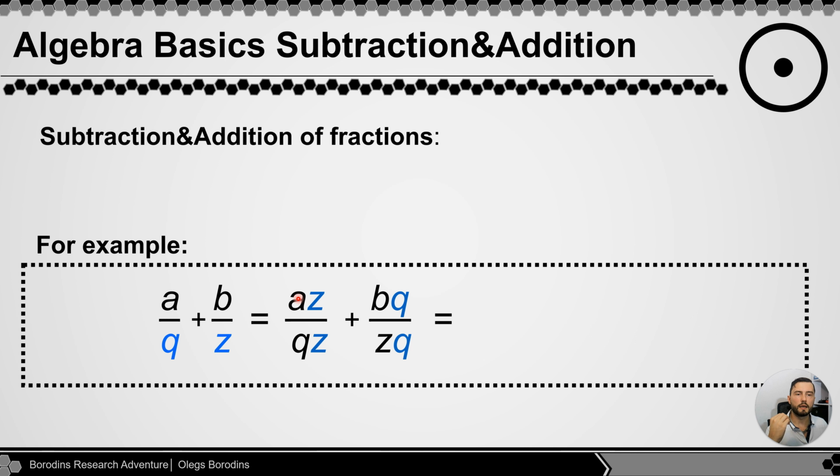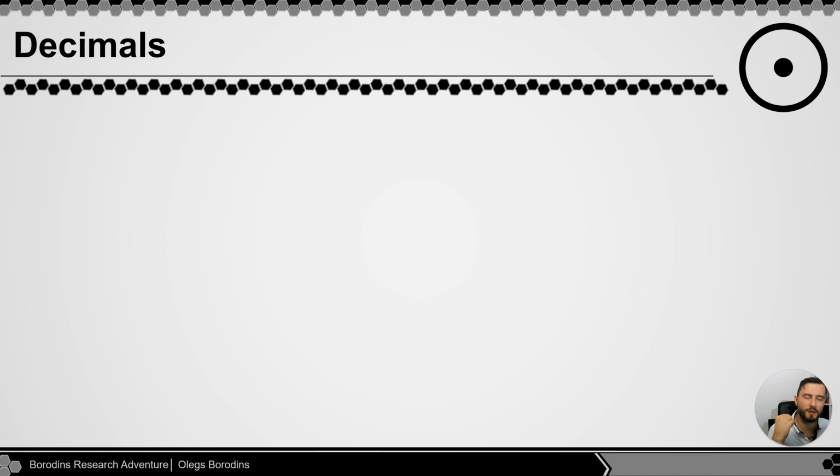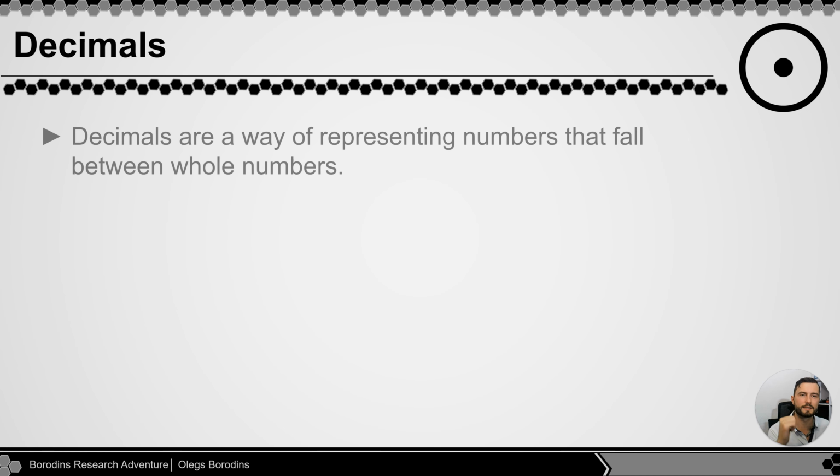As you can see here, a times z and q times z. And the other part, b times q and z times q. So you can see that this part is multiplied by this part, and this part is multiplied by this part. So here we now have an equal denominator, and we can add them together, and we will get az plus bq divided by zq.